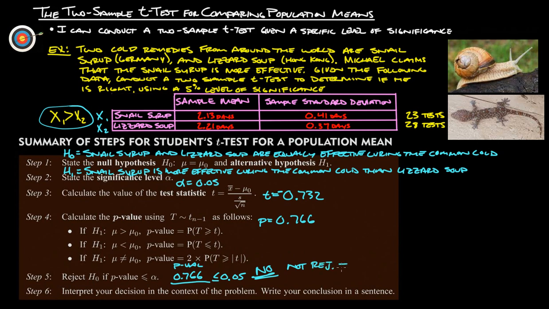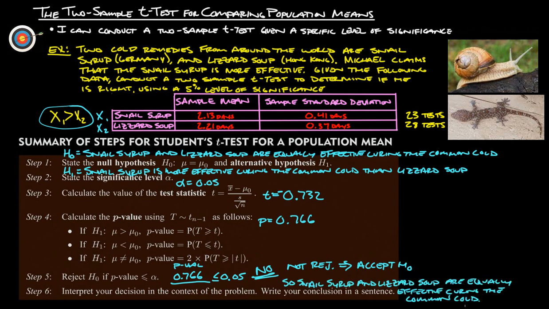If you're not going to reject it, you accept H0, which in this case means snail syrup and lizard soup are equally effective at curing the common cold at a 5% level of significance.